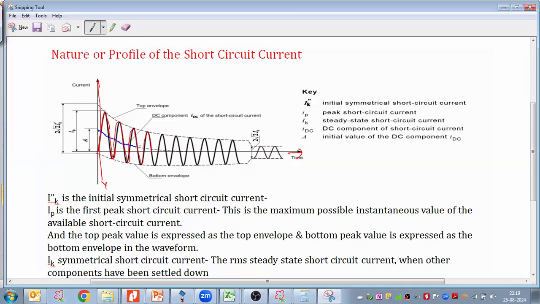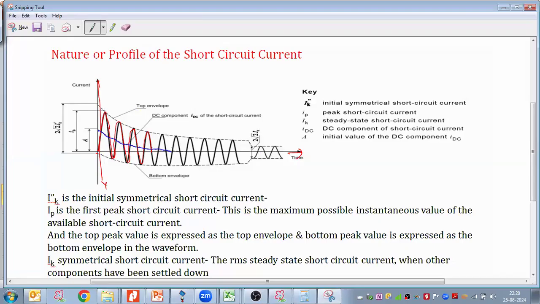This dotted line indicates the DC component, which will vanish after 4-5 cycles. You can see here 1, 2, 3, 4, 5. After 5 cycles it vanishes, and after that only the AC component is left.